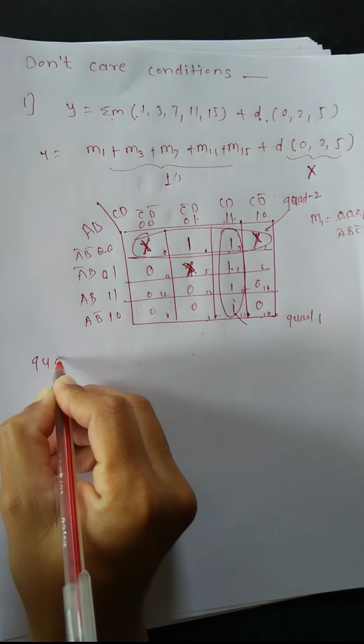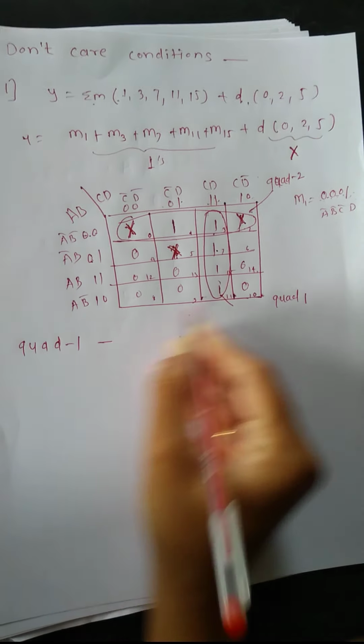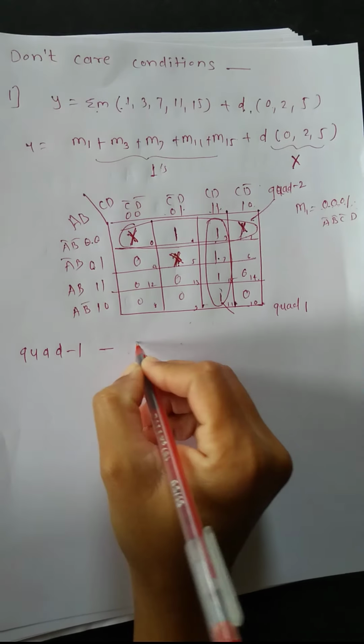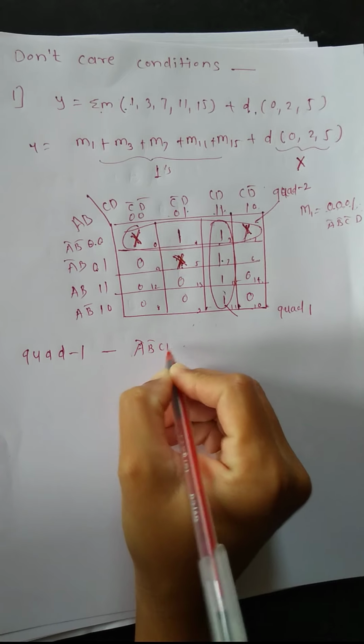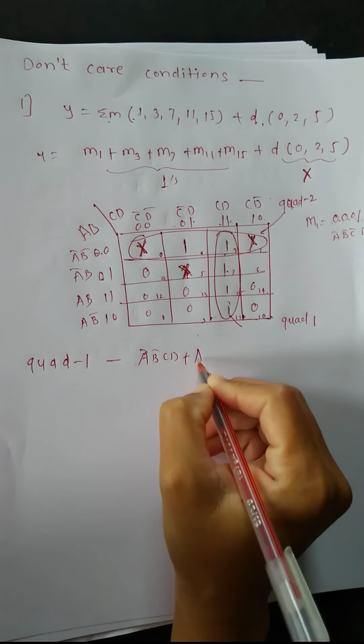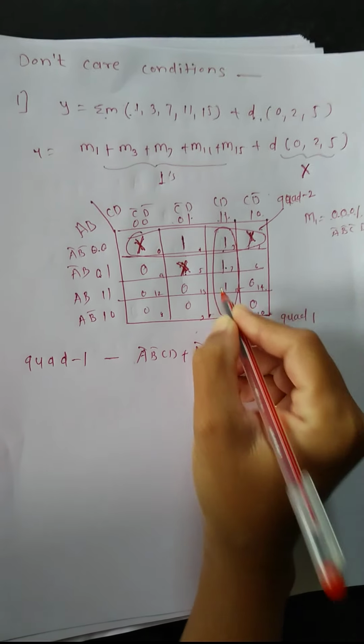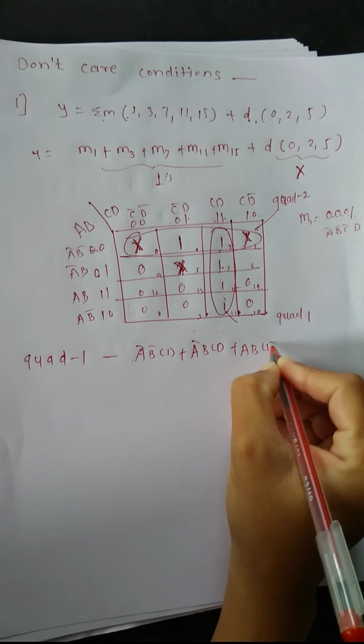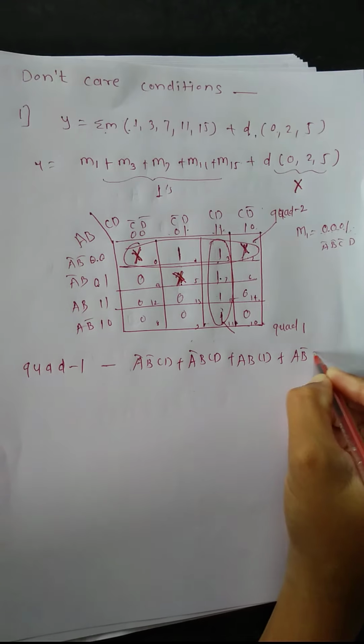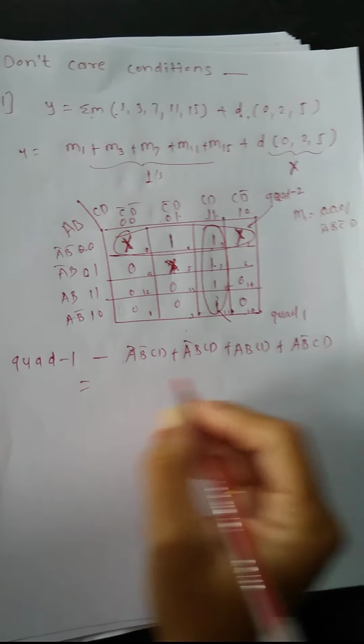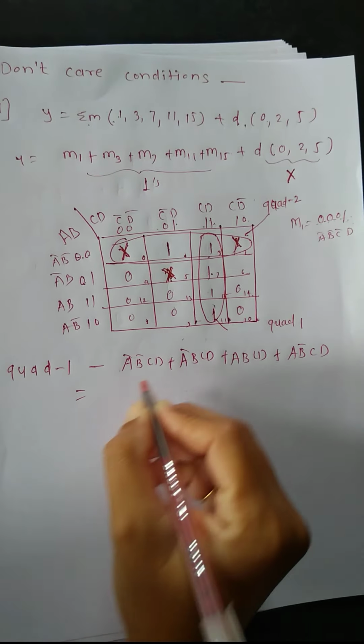Next we have to solve the quad 1 answer. This is the quad 1. So equation a bar, b bar, c d. For this one a bar, b, c d. For this a, b, c d. Next for this one row and column a, b bar, c, d. You have to solve that and minimize that expression or use the law.